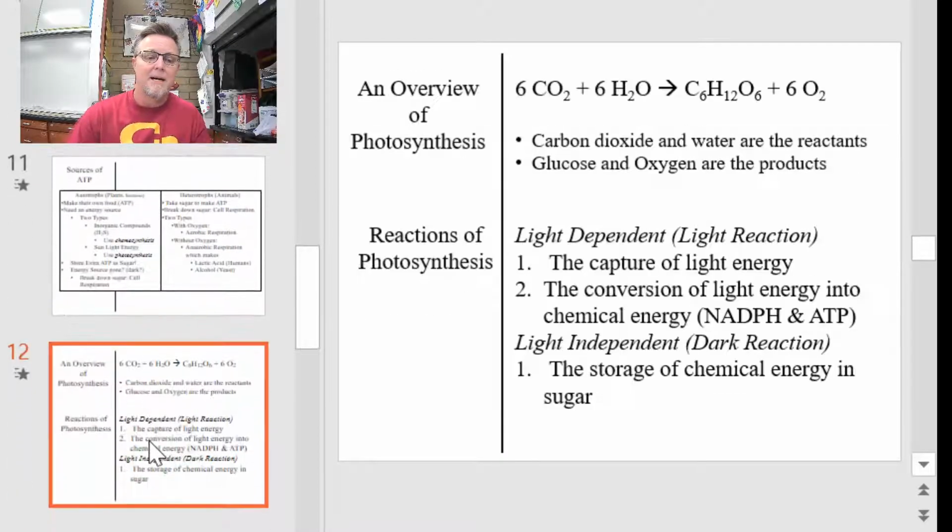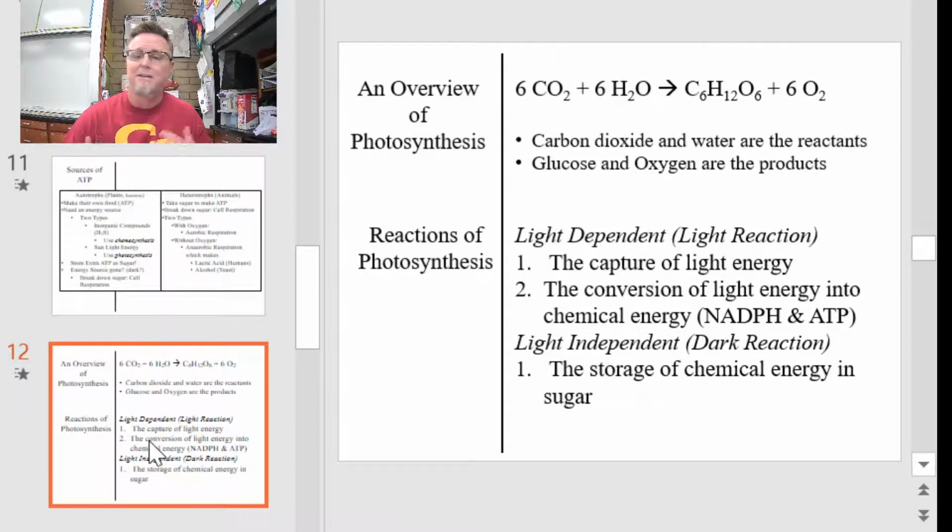Okay? You might remember this picture from a previous video that I gave you on photosynthesis, or maybe just use it as an introduction if you haven't seen that video yet. This is the equation for photosynthesis. So the last part of these notes is just going to focus on photosynthesis as an overview and kind of how it works.